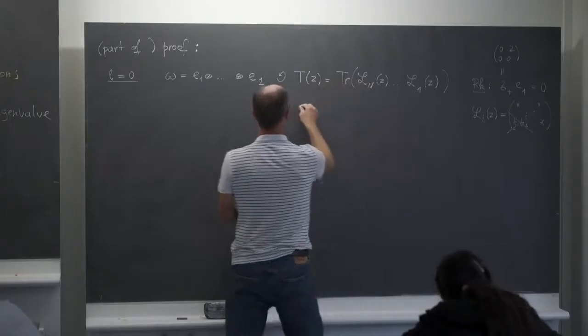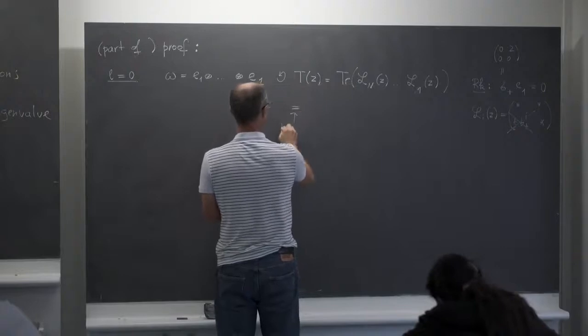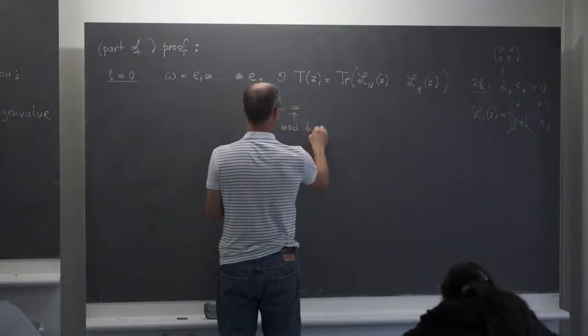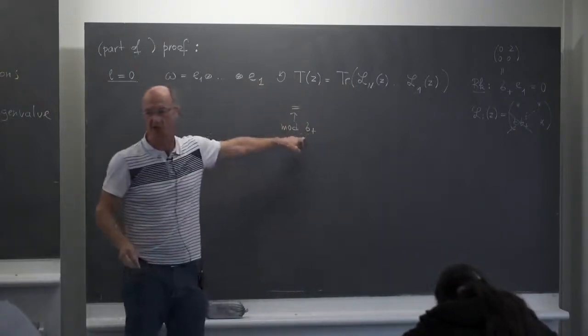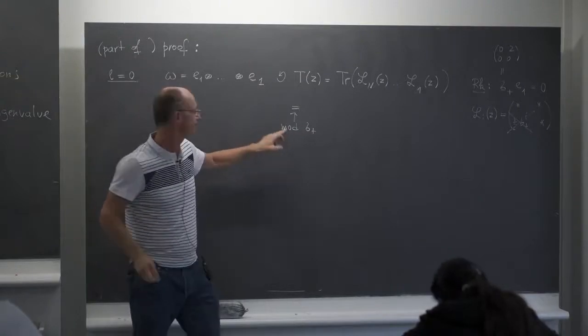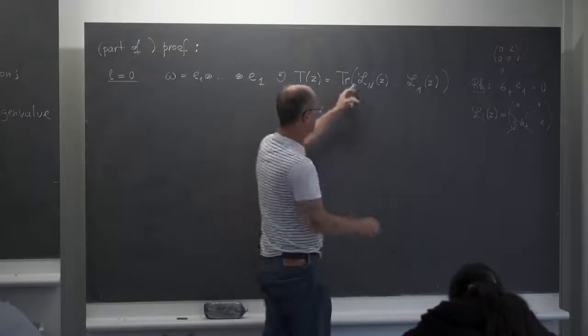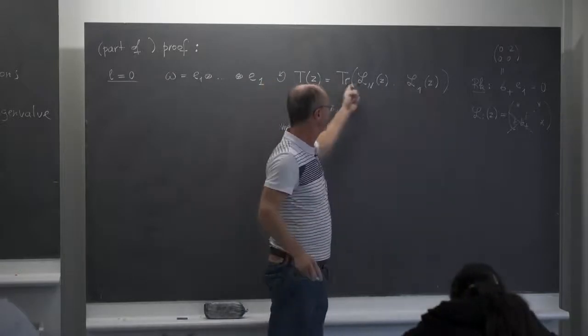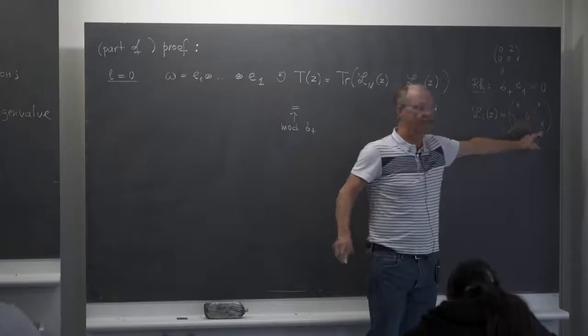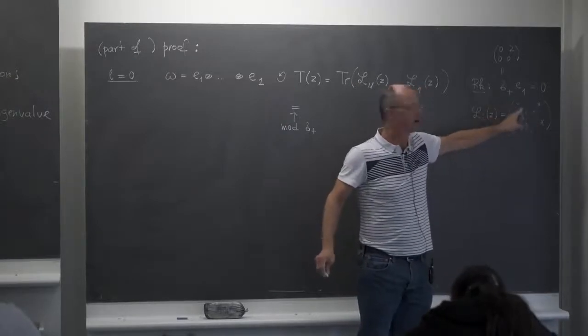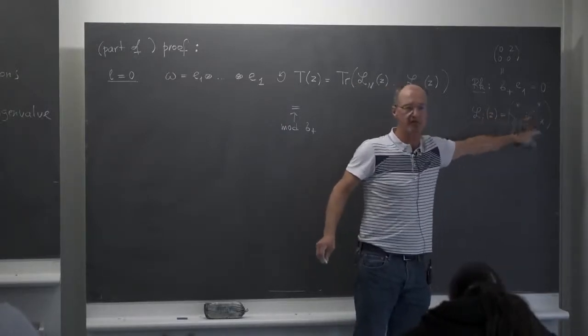So let me write it in the following, maybe not completely correct way. Modulo sigma plus, so I'm not allowed to use sigma plus anywhere, this thing is equal to a trace of a product of upper triangular matrices. So I should simply multiply their diagonal entries.